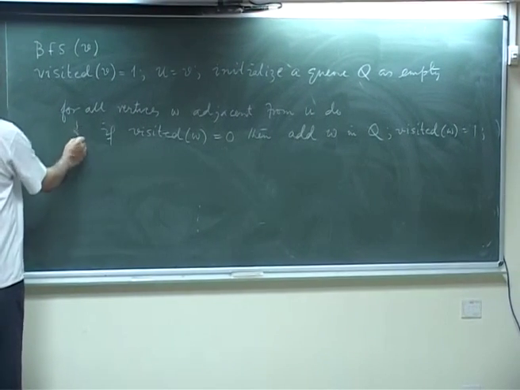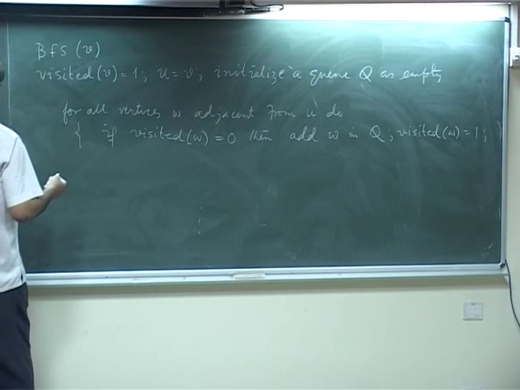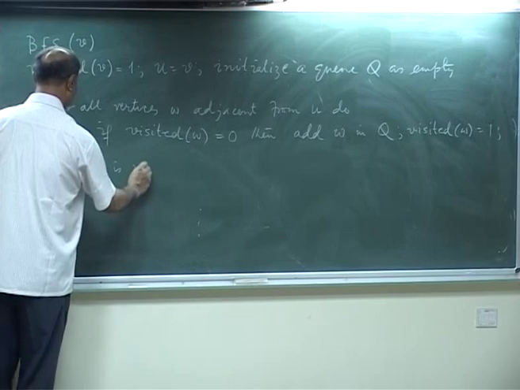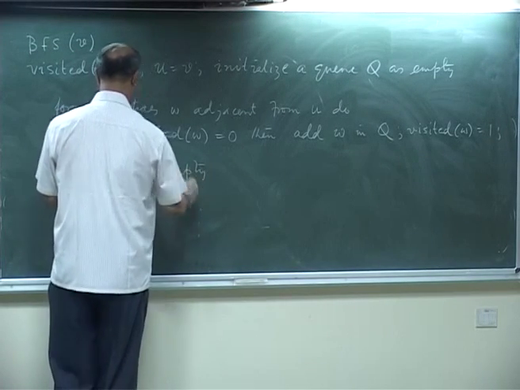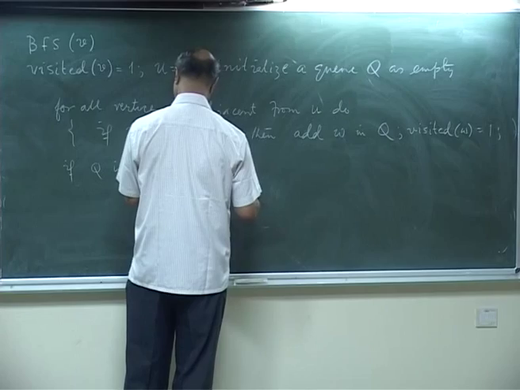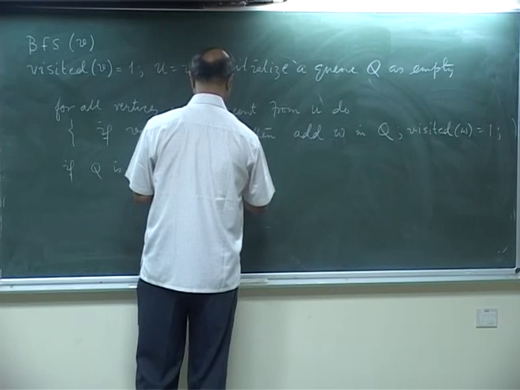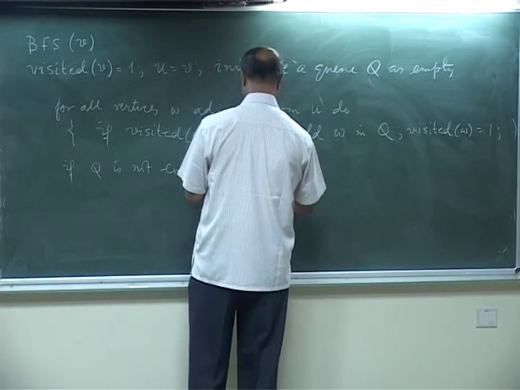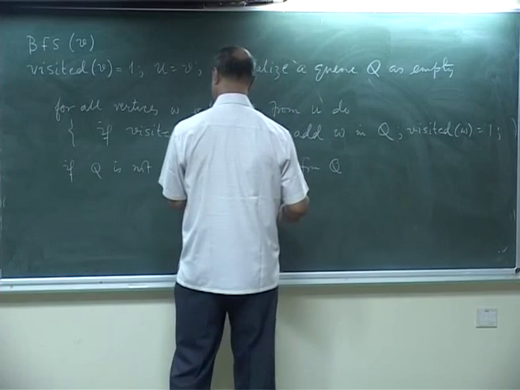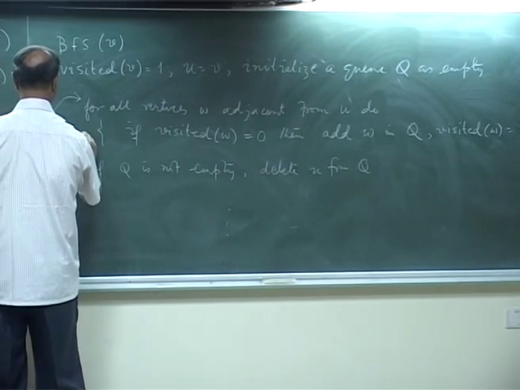So this comes under the for loop, and if Q is not empty, delete U from Q and repeat this.